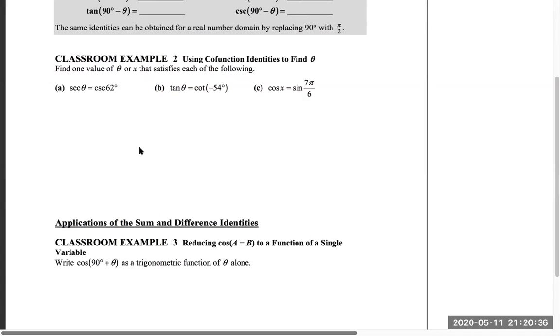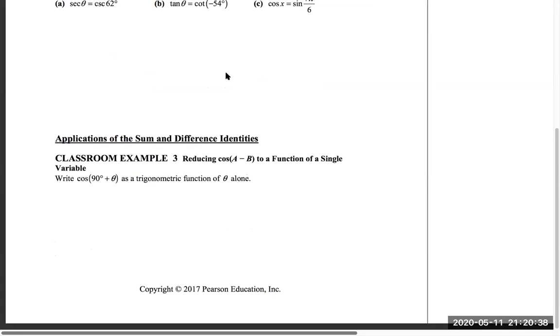Another problem that is similar to one on your quiz is here, Classroom Example 3. Write cosine of 90 degrees plus theta as a trig function of theta alone. So when it says theta alone, it's saying I don't want this 90 degree part to be showing up anymore.